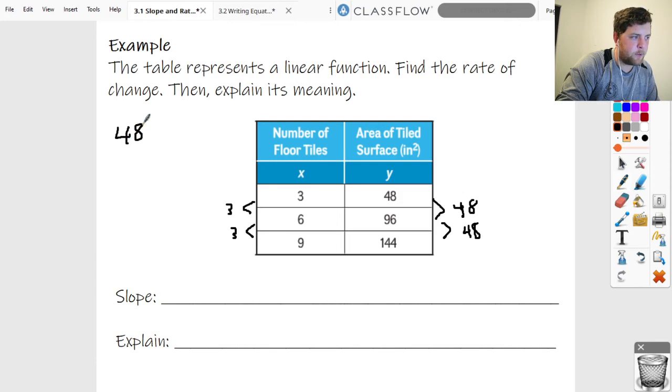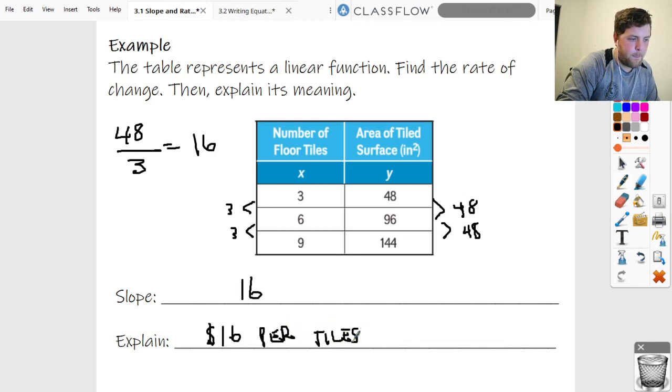So 48 over 3 ends up being 16. So my slope is 16, which means that my floor tiles will cost $16 per tile. Once you figure that out, you can determine how much it would cost for 10 tiles. You can do 16 times 10 and figure it out that way as well.